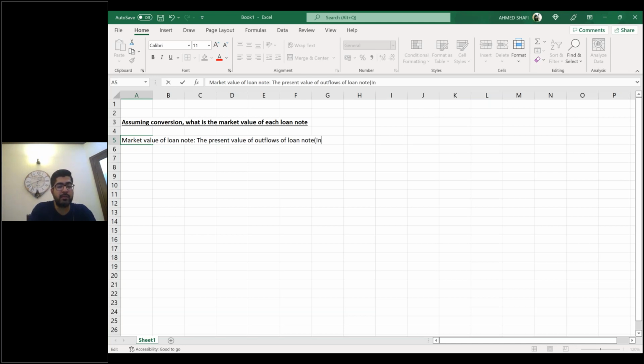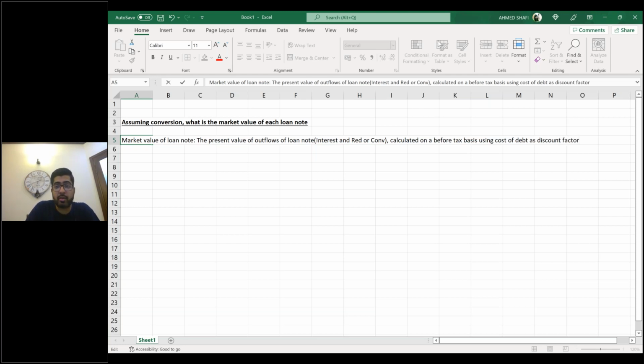Outflows of loan note are interest and redemption or conversion, calculated on a before tax basis using cost of debt as discount factor.